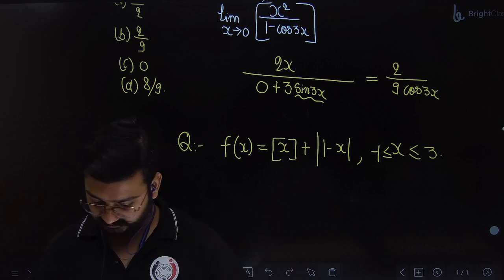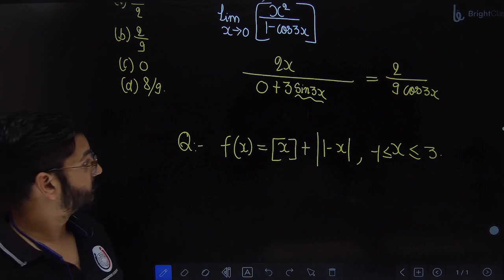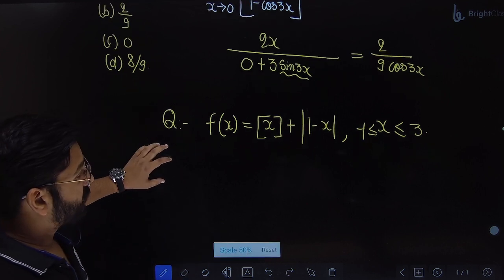Check the continuity of the function. All of you see on the board.